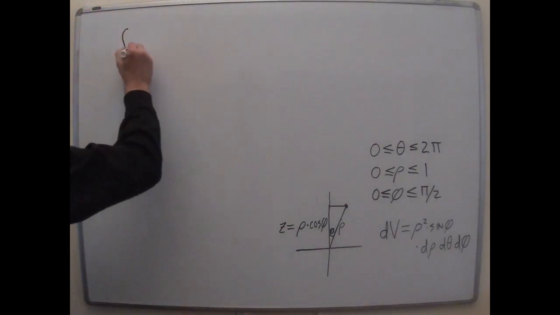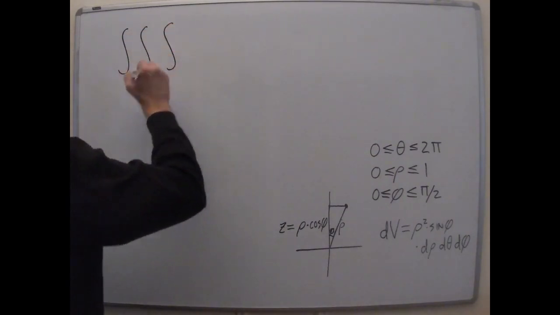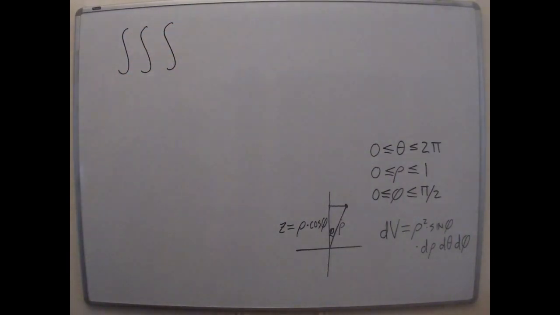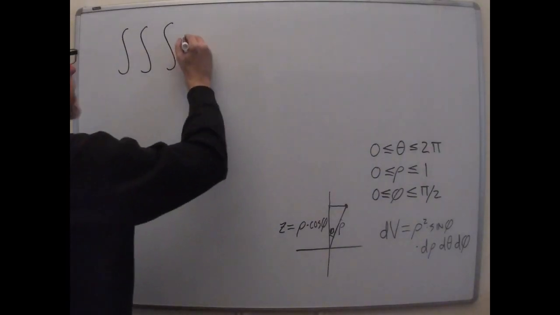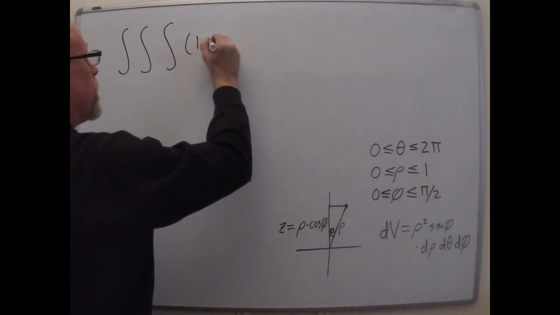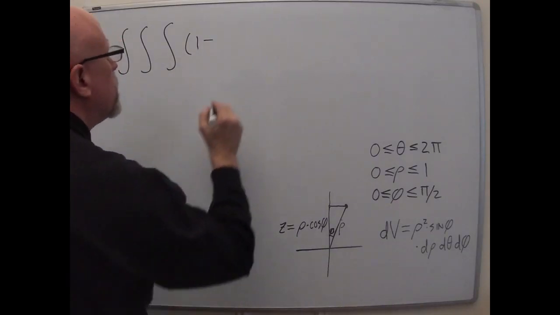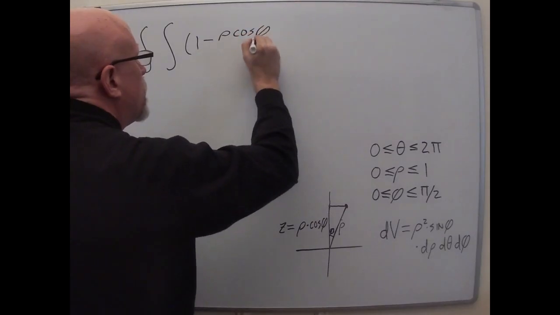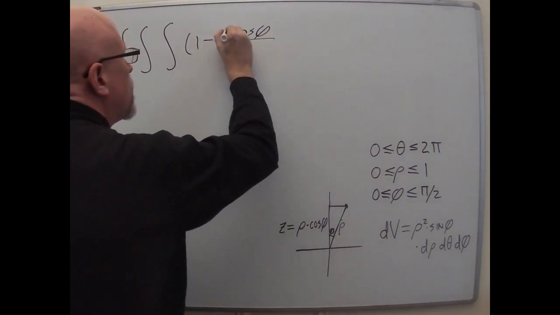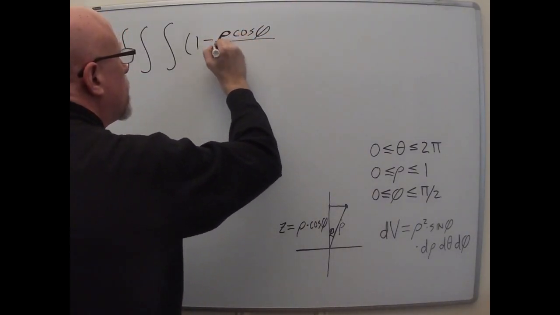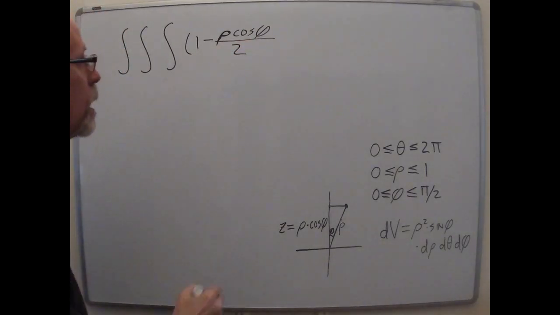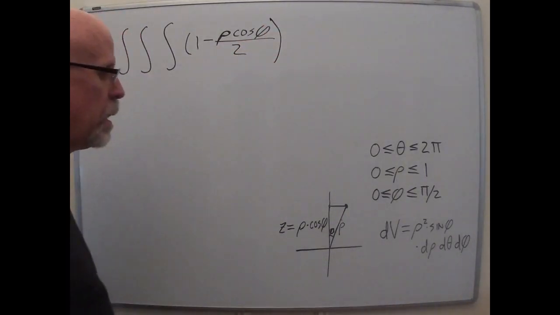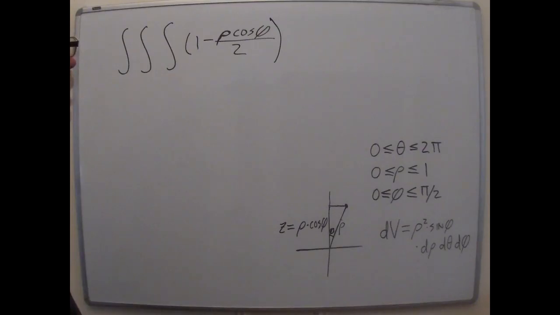We're going to have a triple integral. I don't believe it's going to matter what order we integrate with respect to, but the things in the integrand are going to be our density, which was 1 minus z over 2, and z became rho cos phi, times, what am I doing so far? I'm trying to get mass.